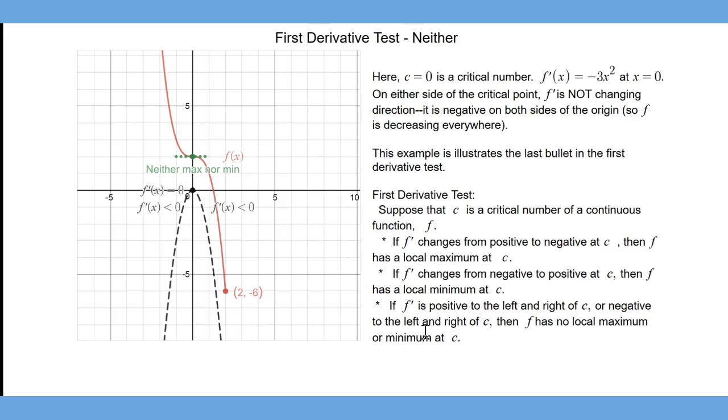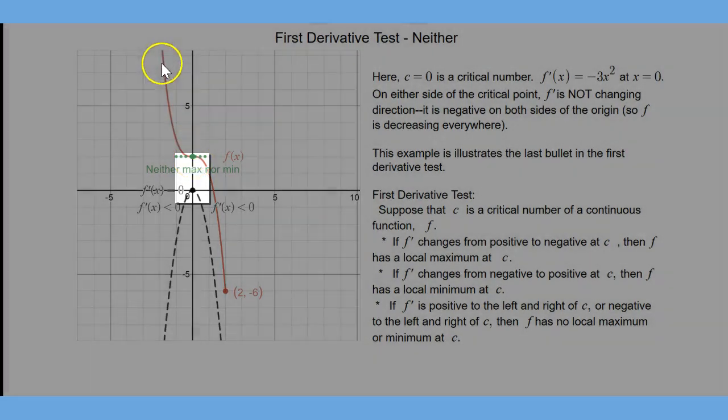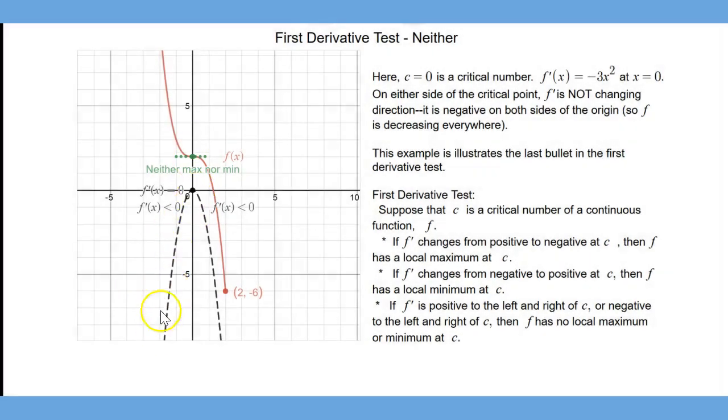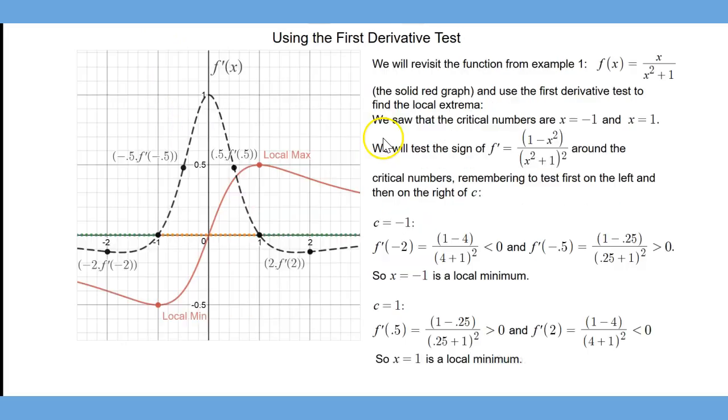And we'll see that there is more information we can get from even this case. So here's an example of a function whose derivative is 0 when x is 0, but is negative to the left and right of that critical value. So it's not a max or min of the function f.